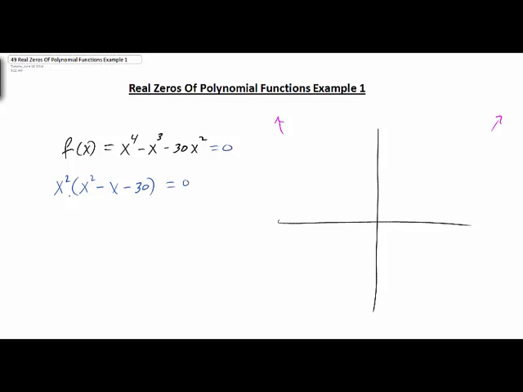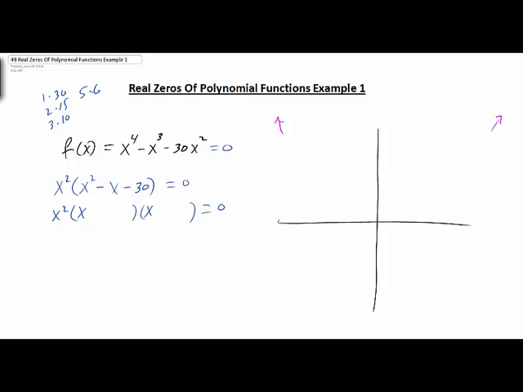Then we can factor the x squared minus x minus 30, that would simply factor to x times x, gives us the x squared. And for 30, what are the factors of 30? Well, we have 1 and 30, 2 and 15, 3 and 10, 5 and 6.